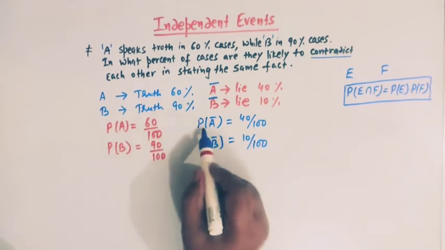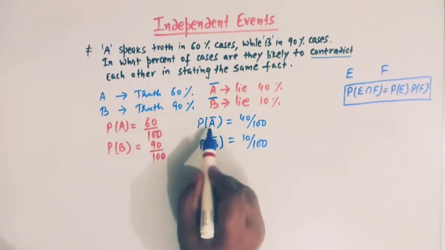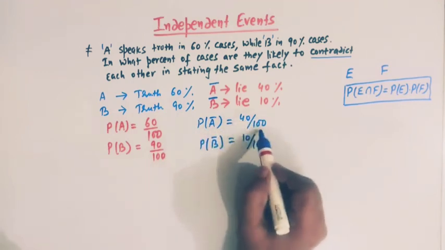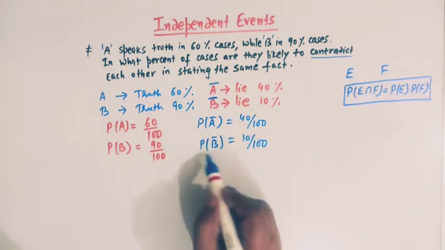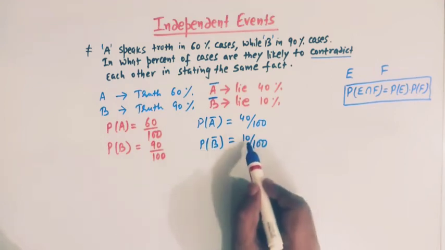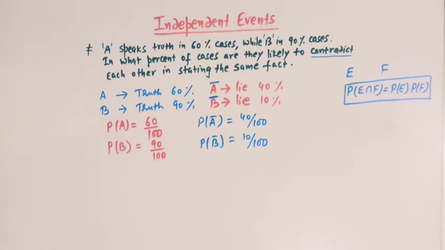This denotes that the probability that A does not speak truth is 40 over 100, and the probability that B does not speak truth is 10 over 100.